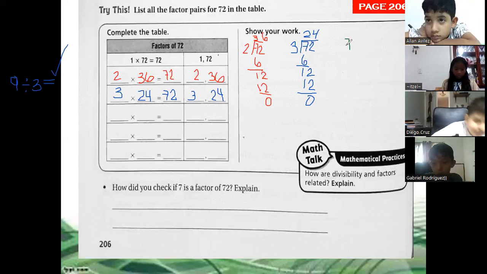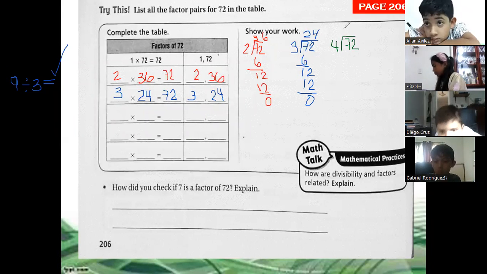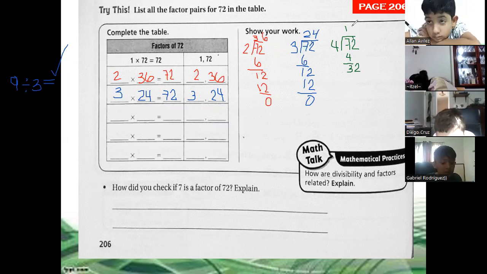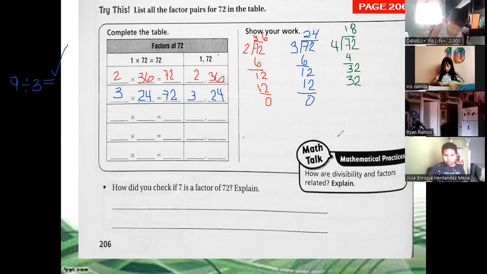Let's try 72 divided by 4. 4 times 1, 4. Left over 3. Next digit 2. 4 times 8, 32. 32 minus 32, 0.